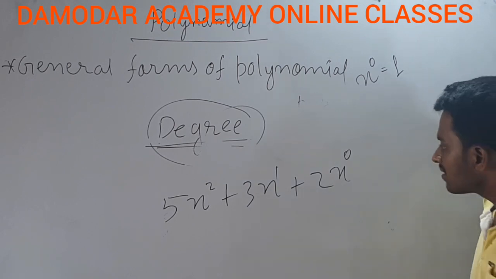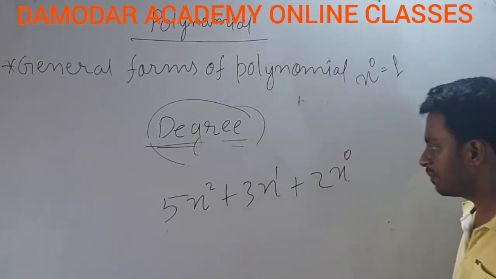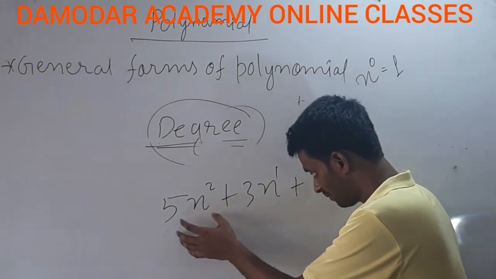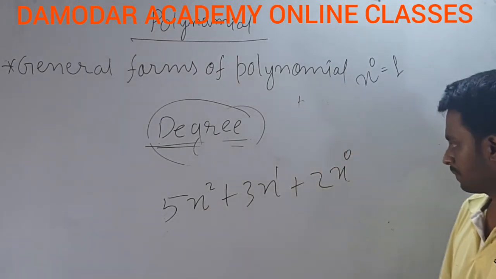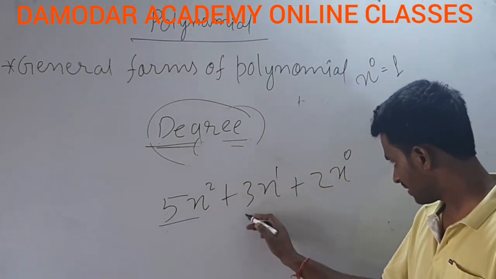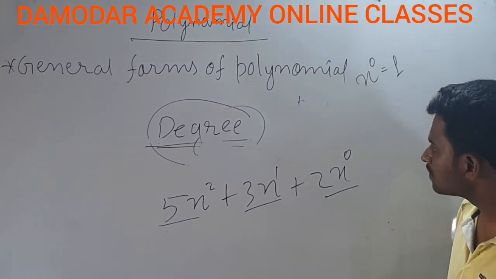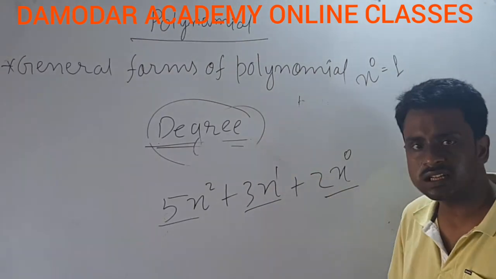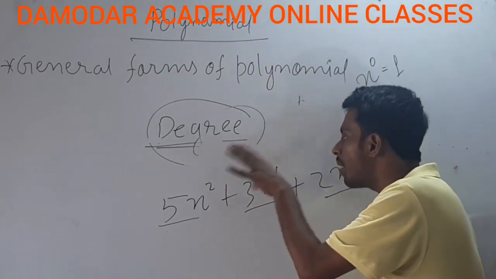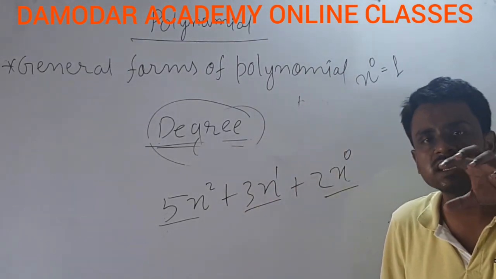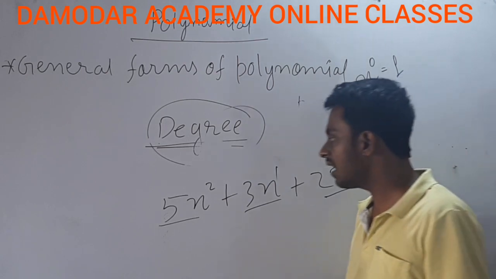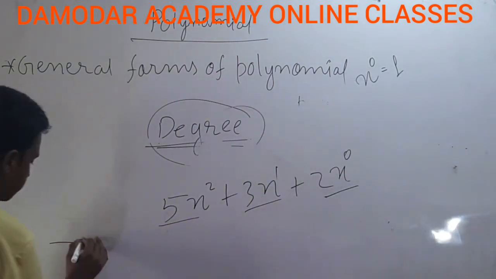And my dear students, this algebraic expression is made from 3 terms. This is the first term, second term, and third term. And degree is nothing but the highest power of a term in a polynomial. Okay? What can we say degree is?